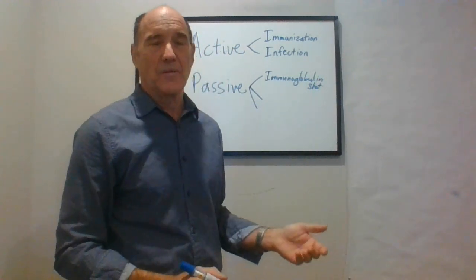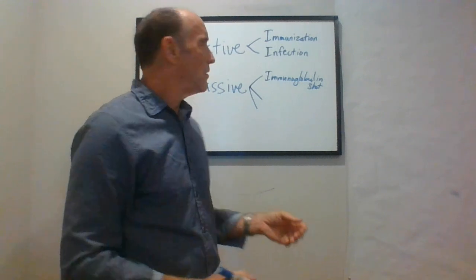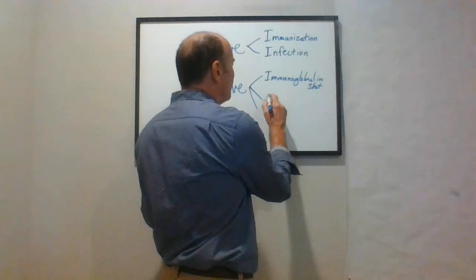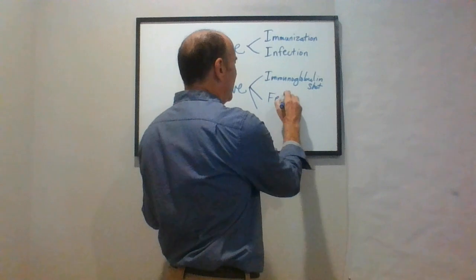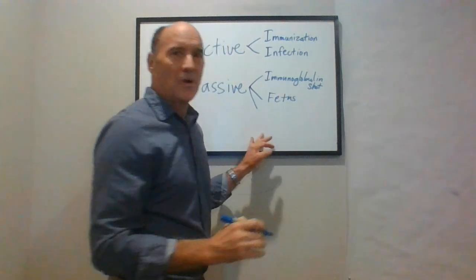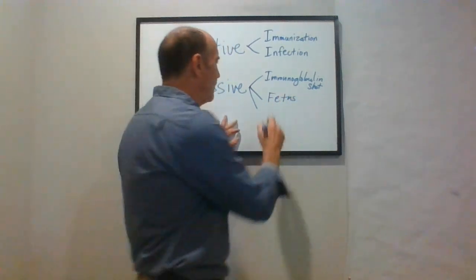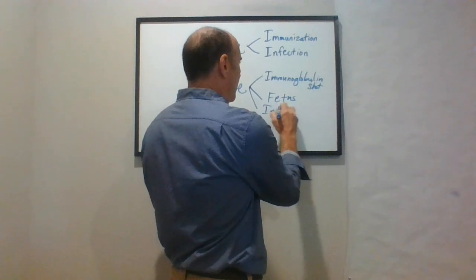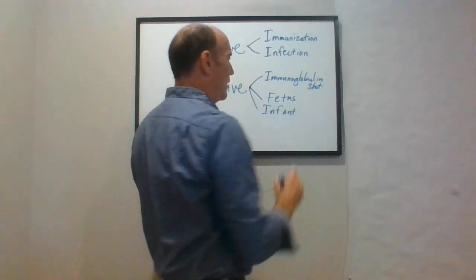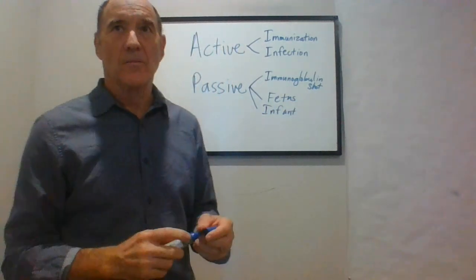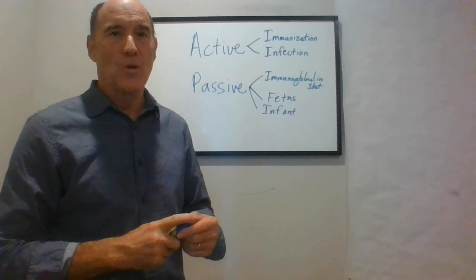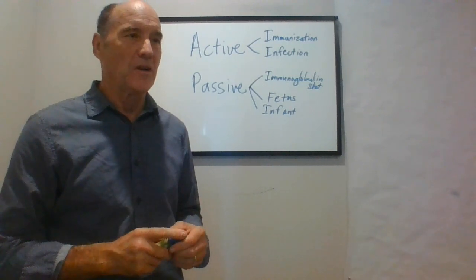They only last for 3 weeks or so and they're gone. You're a fetus getting antibodies from mom, or you're an infant breastfeeding and getting antibodies in the breast milk, that kind of thing. Okay, those are passive. Passive immunity doesn't last long.